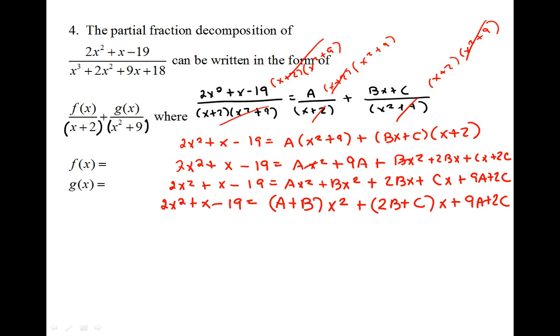So that's going to give you 3 equations, a system of equations. You have a 2x squared over here, and you have (a plus b) times x squared here, which means a plus b equals 2. You have a 1x here, and you have a 2b plus c here, which means 2b plus c equals 1.